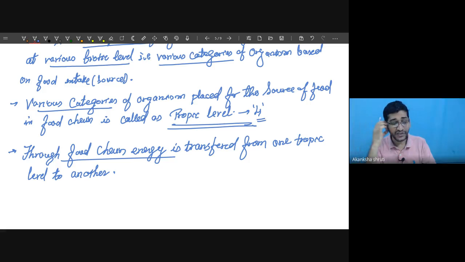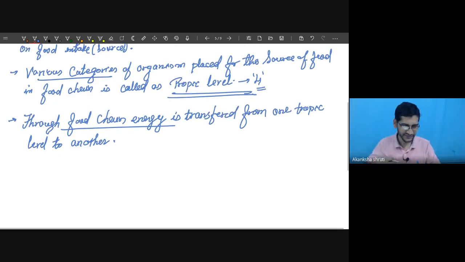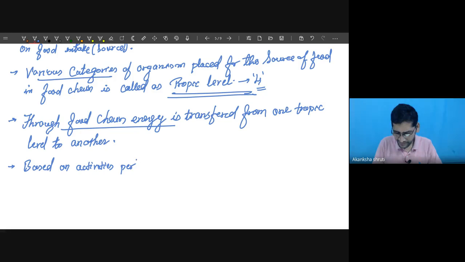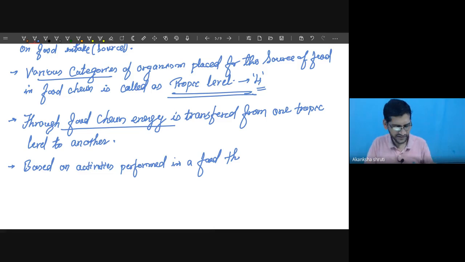One is called the producer, another is called the consumer, and the third is called the decomposer.